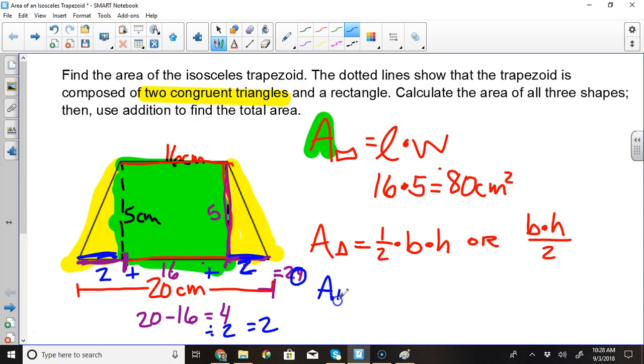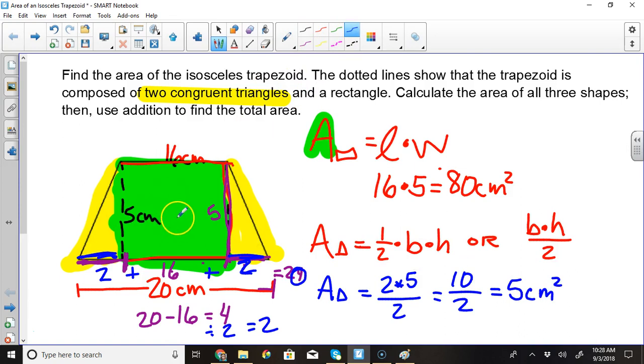So the area of the triangle is going to be equal to the base, which is 2, times the height, which is 5, and then I'm going to divide that by 2. So 2 times 5 is 10. 10 divided by 2 is 5. And remember our units, this was 5 centimeters squared. So inside this rectangle, we have 80 centimeters squared. Inside this triangle, we have 5 centimeters squared.